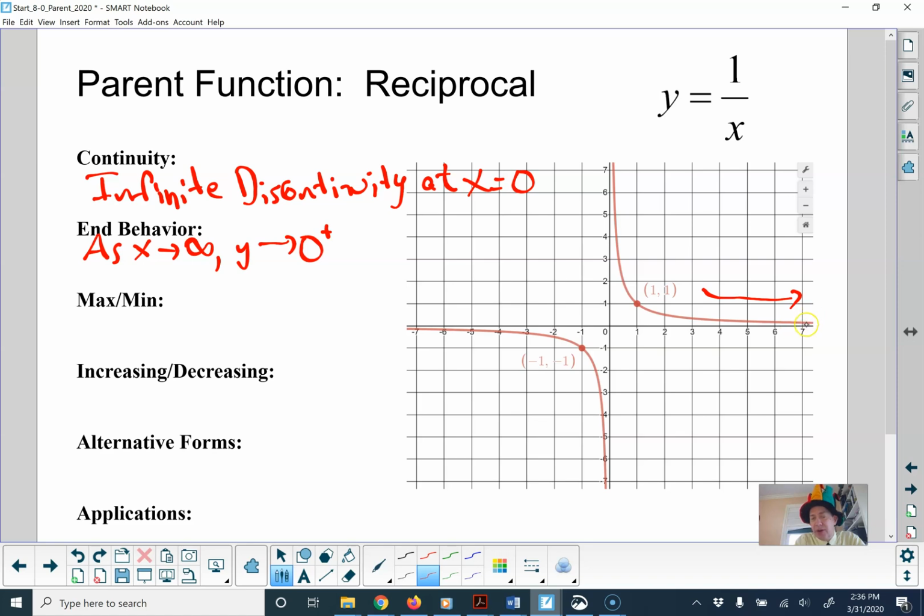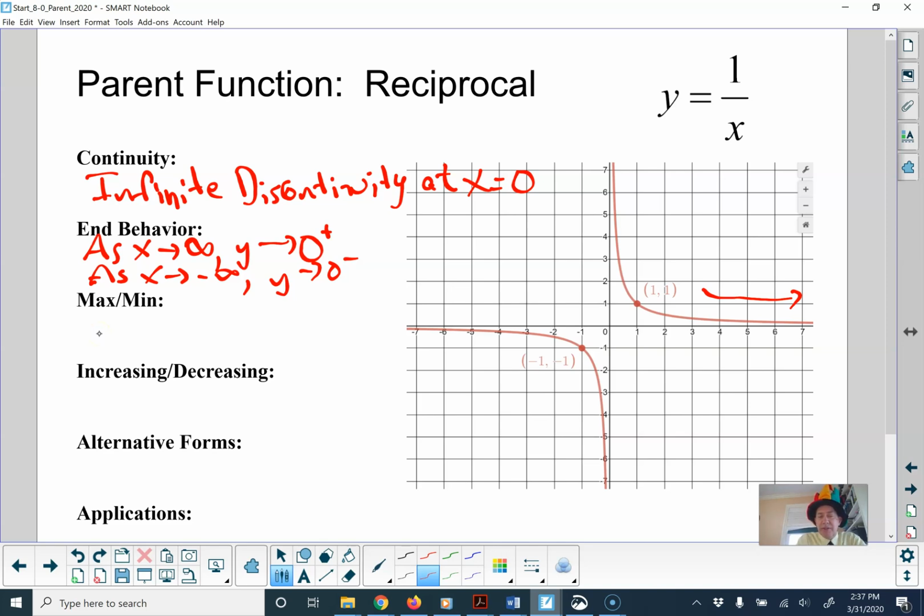When x gets to 1,000, y is 1 over 1,000, but it's always still positive. Likewise, as x goes to negative infinity, y goes to 0, but it's going to be negative. If x is negative 10, y is negative a tenth. If x is negative 100, y is negative 1 over 100. If x is negative 1,000, y is negative 1 over 1,000, really small.